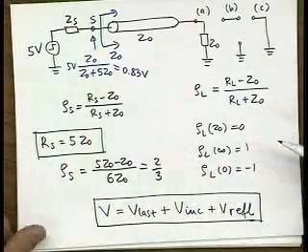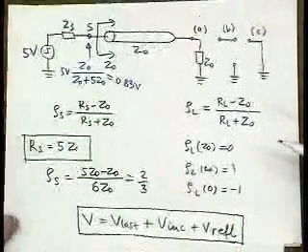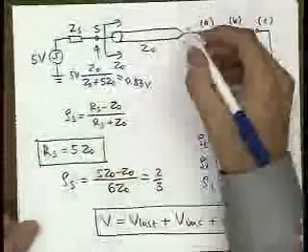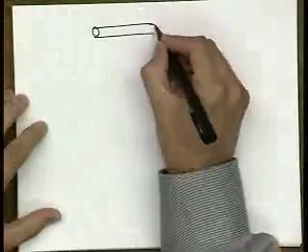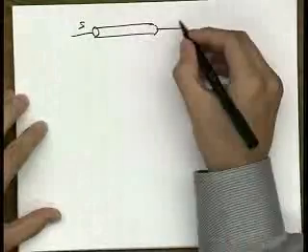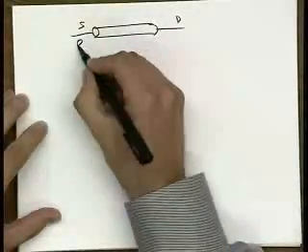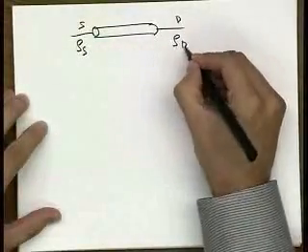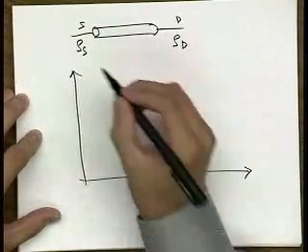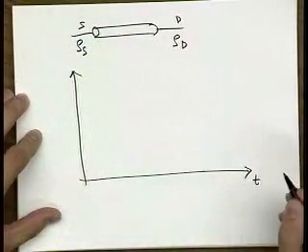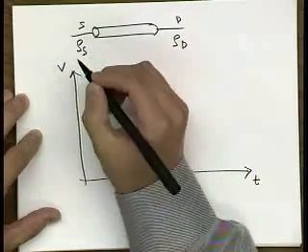So now let's see what happens when you go back and forth between these S and D nodes. You basically have your T line, source and destination, and this has a reflection coefficient. Let's see, this is a function of time, and this is voltage.